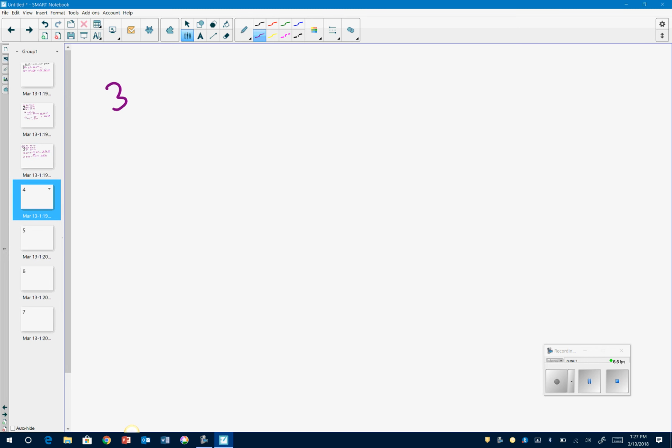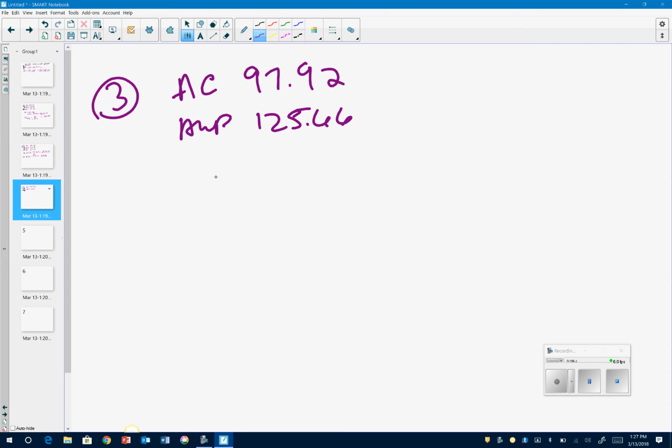Okay, number 3 is the Norvasc. The acquisition cost is $97.92. The AWP is $125.66. And of course, the selling price is $127.82.